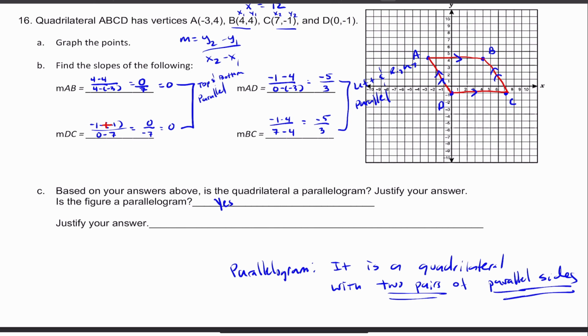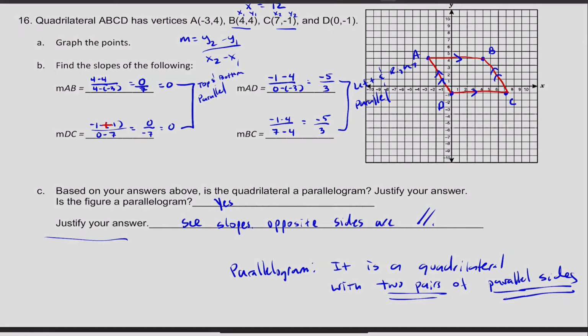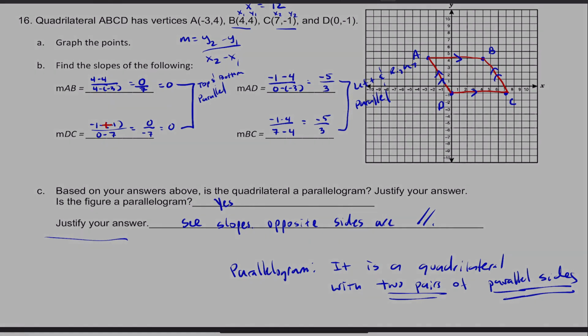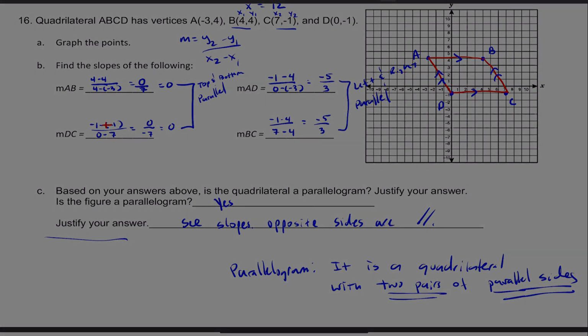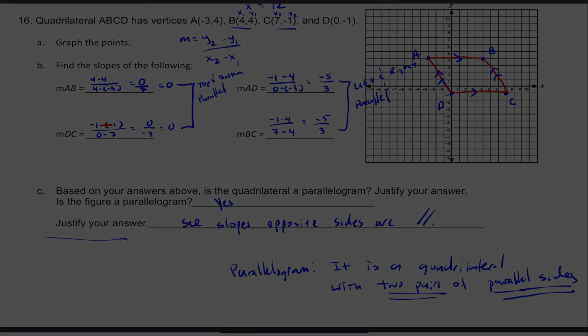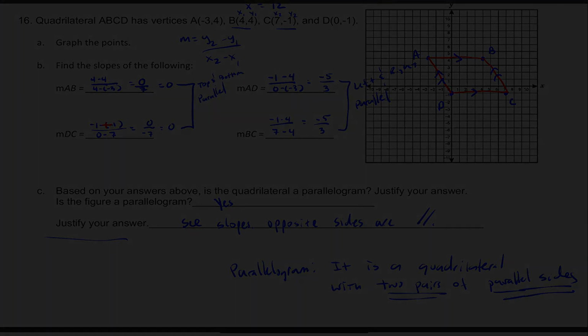So how do I justify my answer? I can say, see the slopes, opposite sides are parallel. That's a great justification here. Alright, I will see you for the next page.